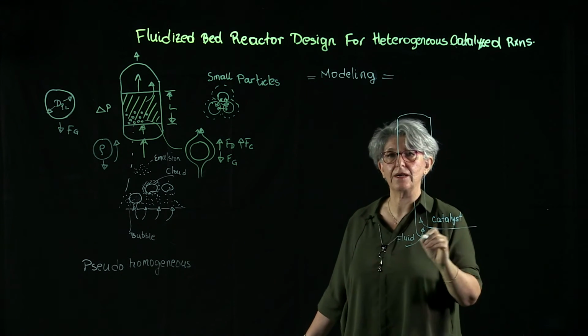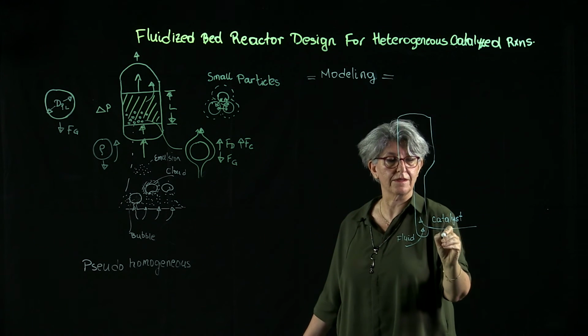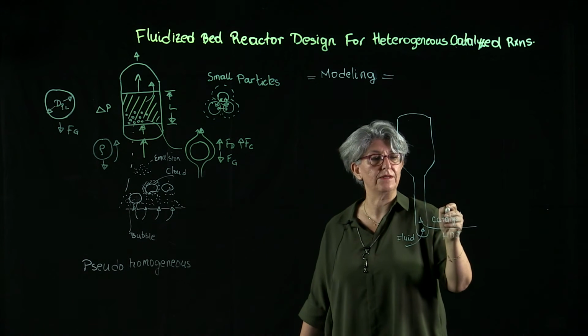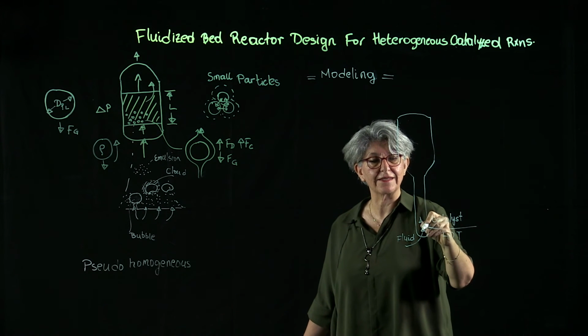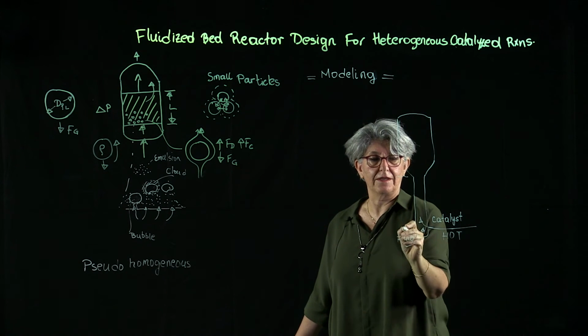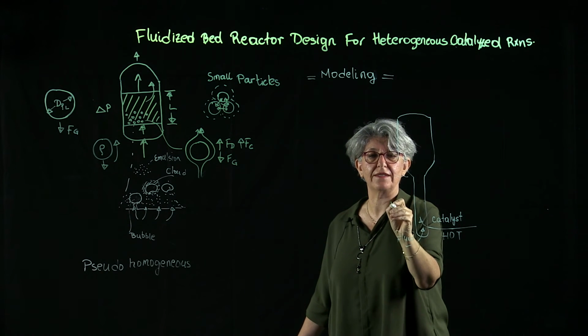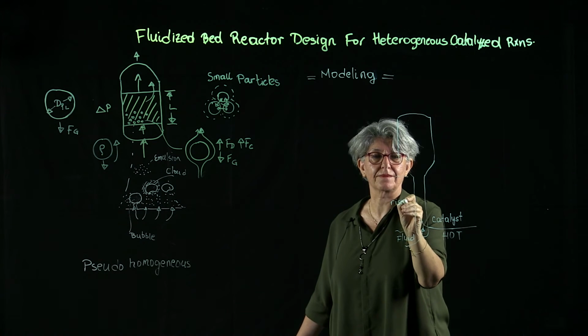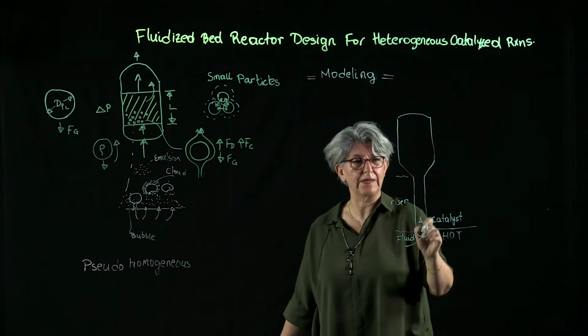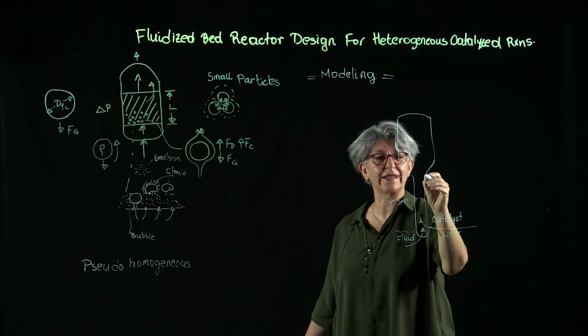Here our catalyst is hot, and that is the trick of the FCC reactor. The hot catalyst is entrained in the reactor zone we call the riser, and the reaction is pretty much complete in the riser within seconds.